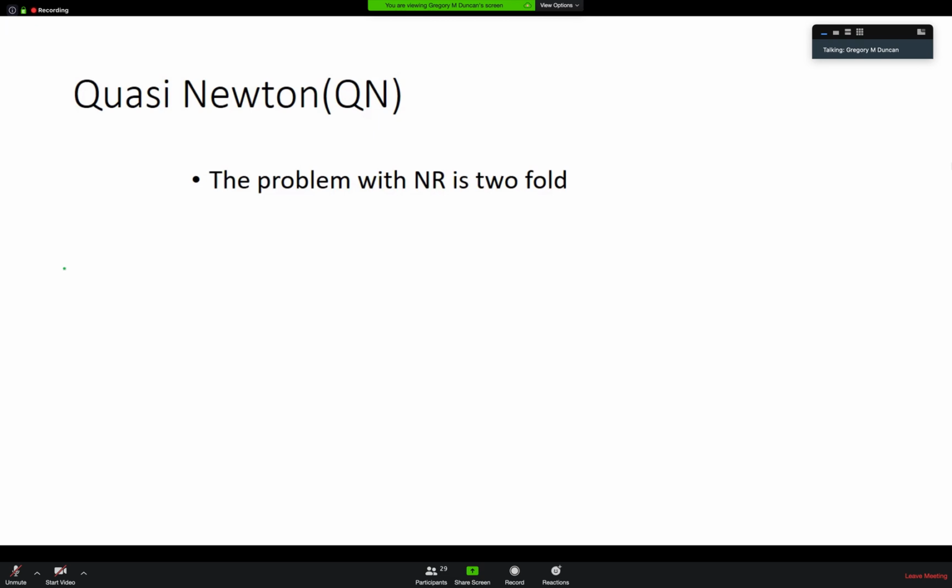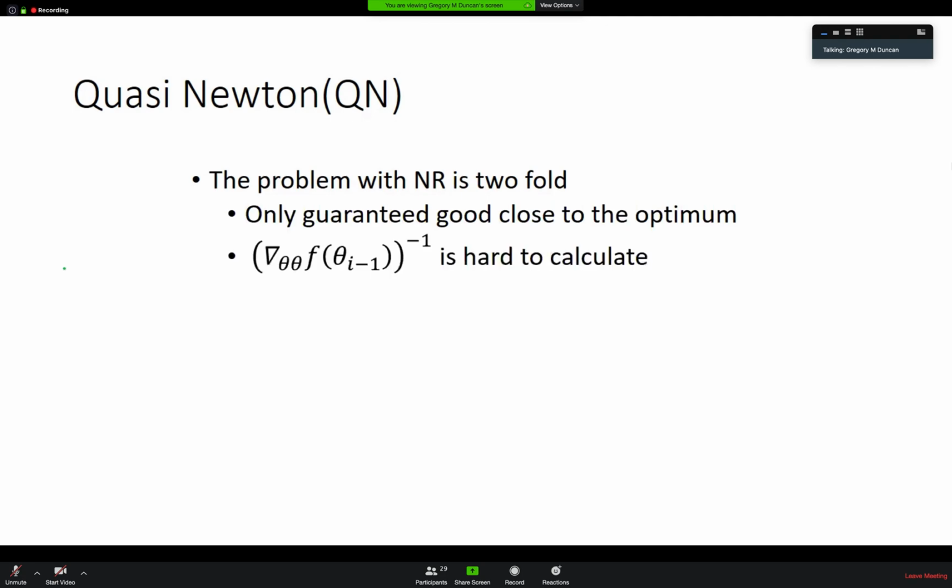The other thing is that Newton-Raphson doesn't do very well if you start far away from the true minimum. It doesn't do a good job at all. So Newton-Raphson is guaranteed good only close to the minimum, and this matrix of second derivatives is very hard to calculate.